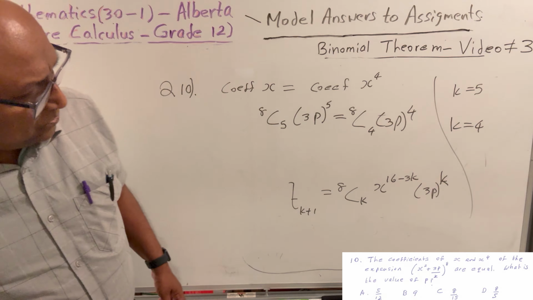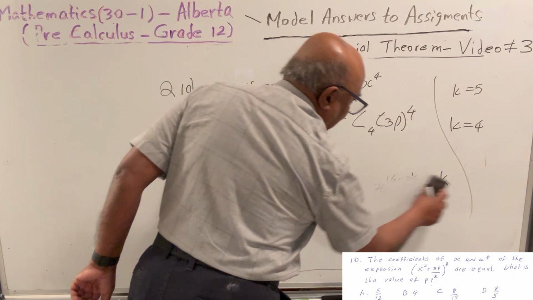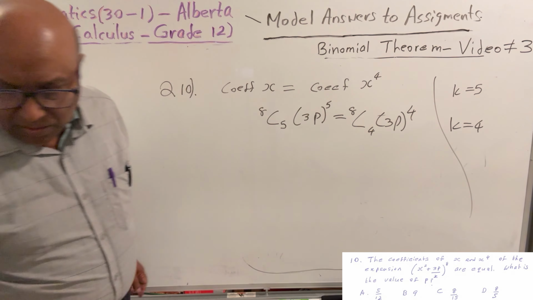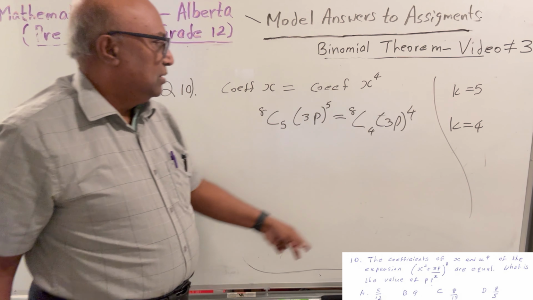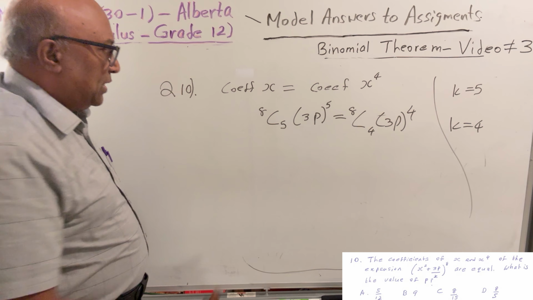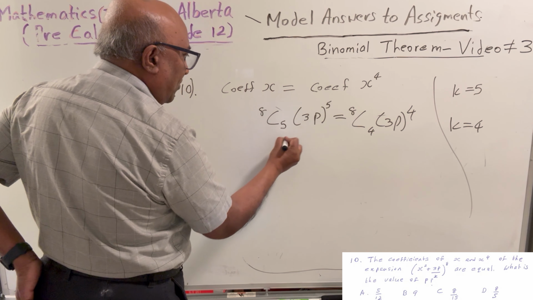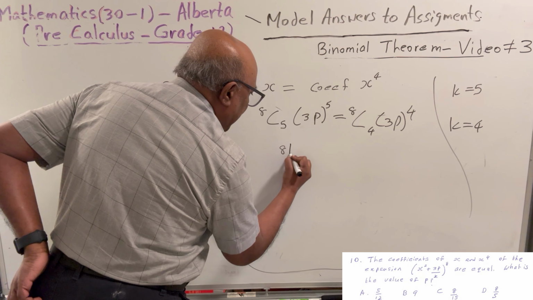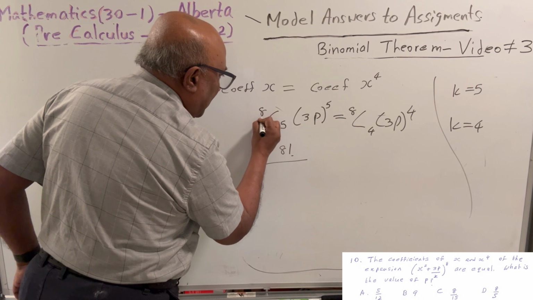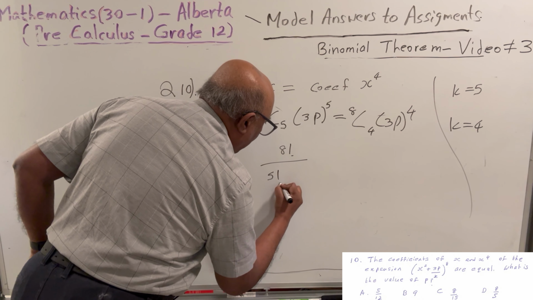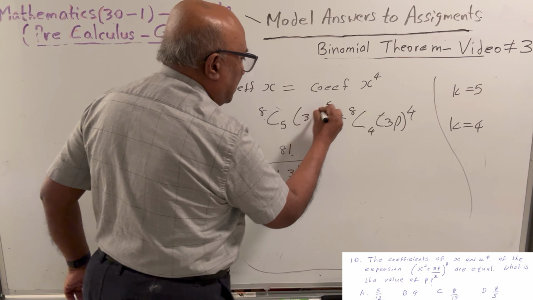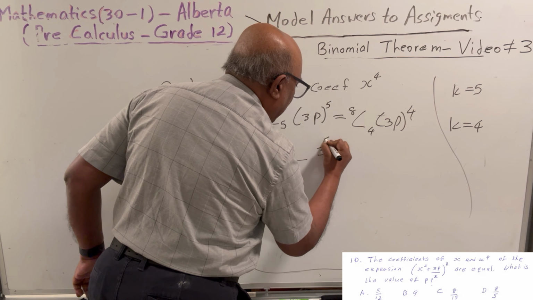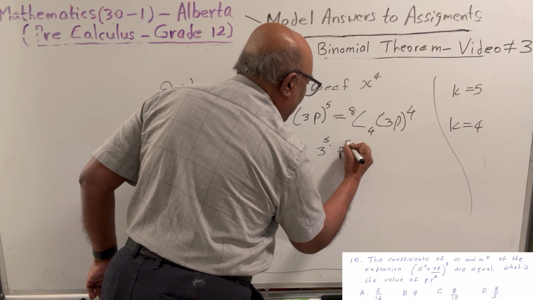Okay. Now let's proceed with this equation and solve it. First figure out 8C5, which is factorial 8 upon factorial 5 factorial 8 minus 5, times 3 to the power 5 times p^5.